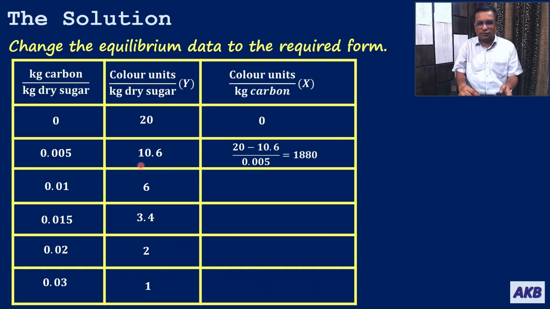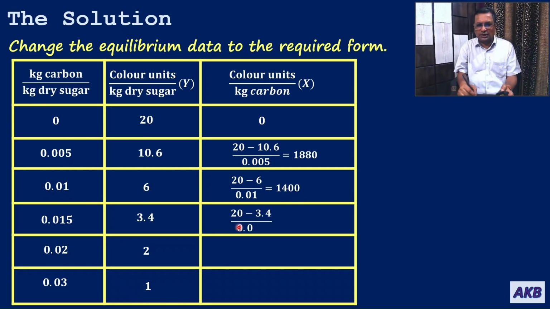For the second row, when you are adding 0.05 kg carbon per kg dry sugar, color units reduce from 20 to 10.6. So capital X, that is color units adsorbed per kg carbon, will be 20 minus 10.6 divided by 0.05. That gives us 1880. I have explained this. In the same way, you can get the other X values. For this, it will be 20 minus 6 divided by 0.01.